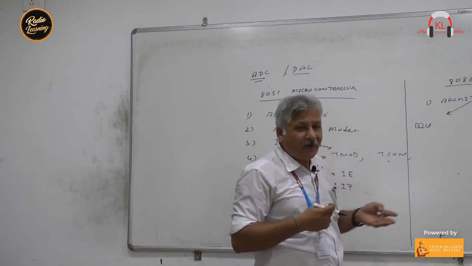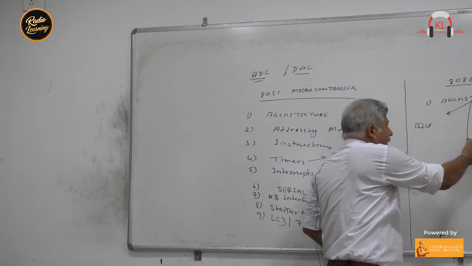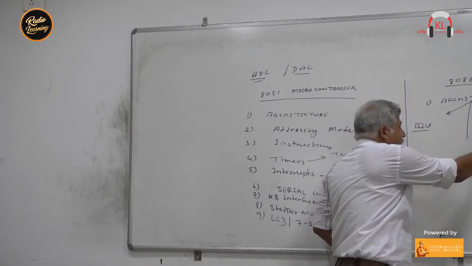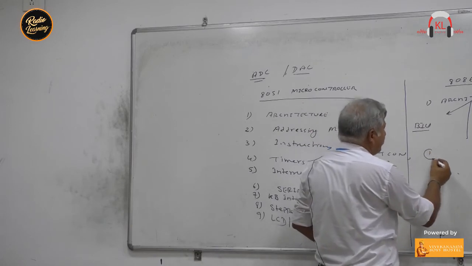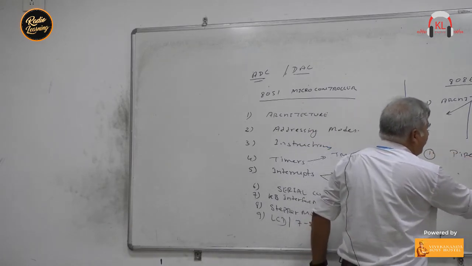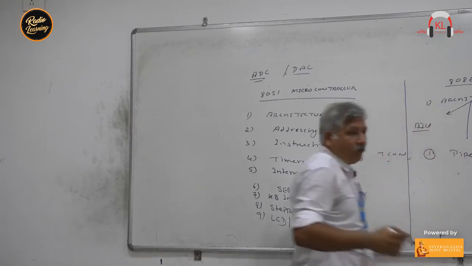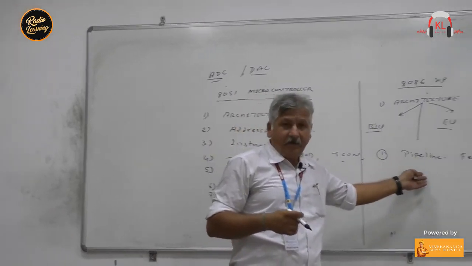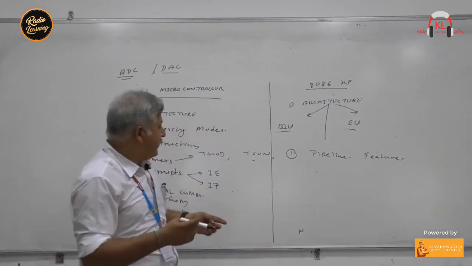There is basically no disadvantage, all advantages are there. So what is the advantage if we have BIU and EU operating in parallel? The first advantage is we have the pipeline feature. So you study about the pipeline. Okay? What is the advantage of the pipeline? How is the pipeline implemented? Okay?